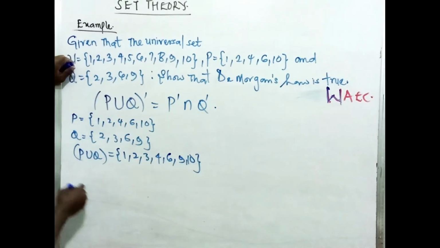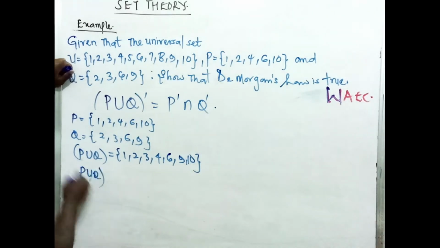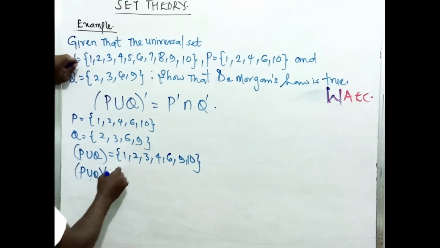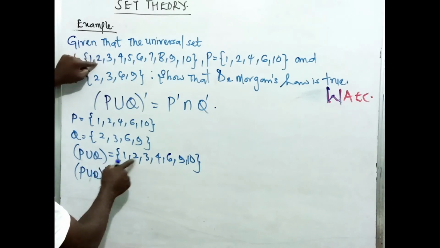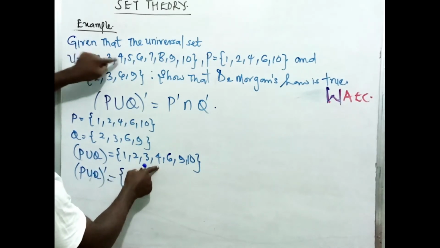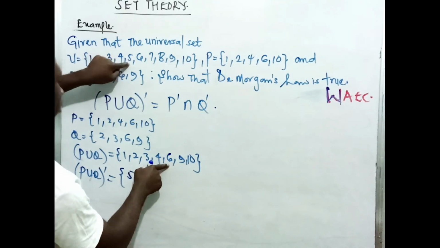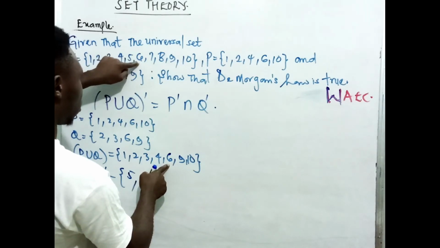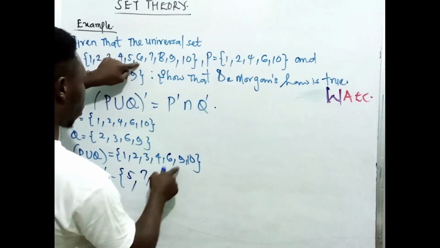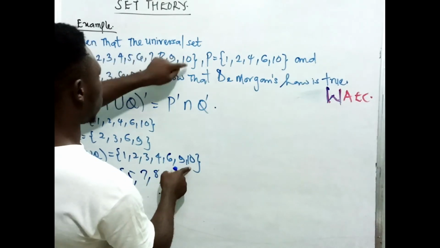So therefore, P union Q complement is now this away from this. So we have 1 cancels 1, 2 cancels 2, 3 cancels 3, 4 cancels 4, no 5, 5, 6 cancels 6, no 7, no 8, 9 cancels 9, 10 cancels 10.